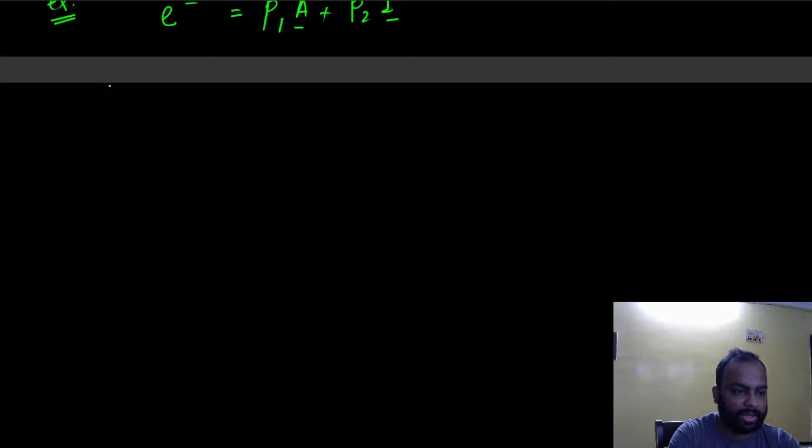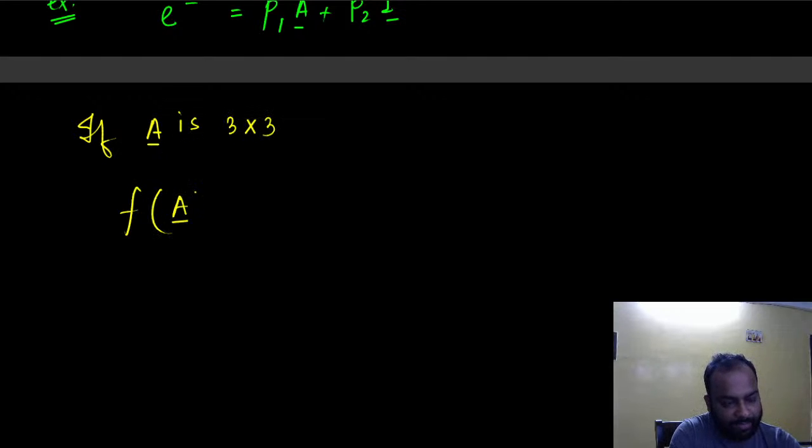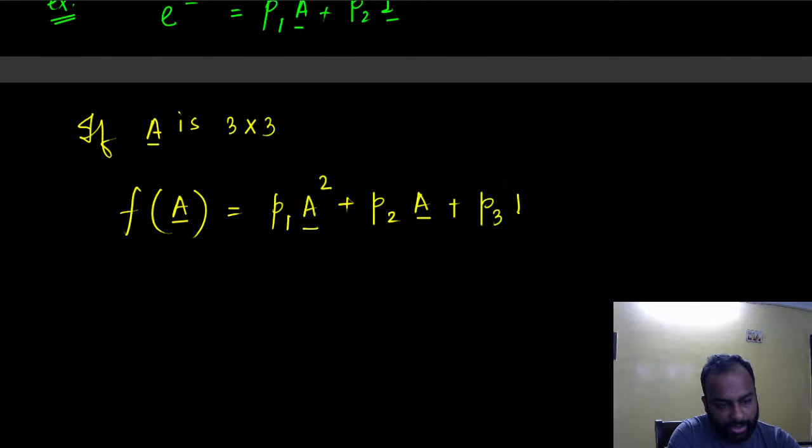So, for example, if a is 3 cross 3, then any function of a, in fact, not just a to the power n, will always be something like p1 a square plus p2 a plus p3 I, for some values of p1, p2, p3.